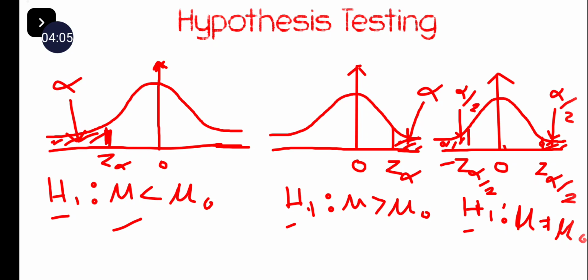This one is talking about an increase, and the third one you will hear about a change, where the population mean is not equal to mu0. Here greater than, here less than. Those are the different shapes. Now, that said, we'll go straight to see how to test some hypotheses using examples.